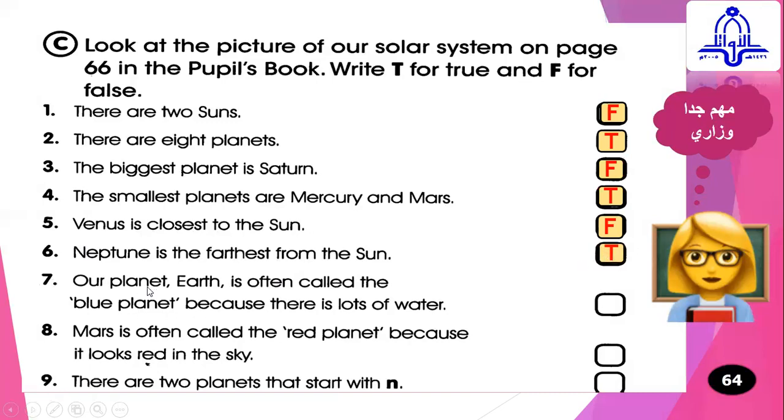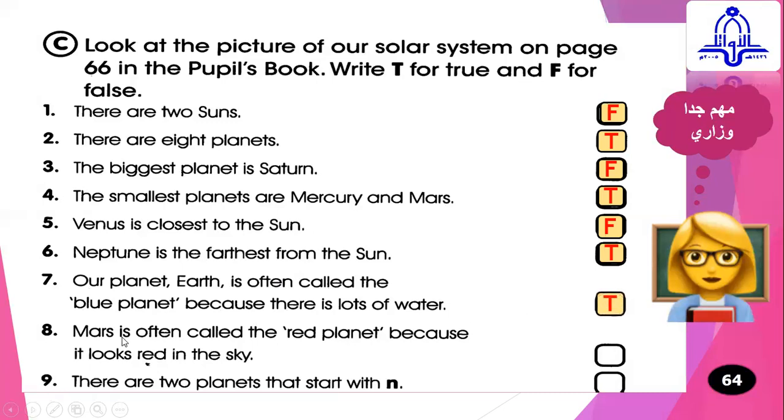Number 7, our planet Earth is often called the blue planet because there is lots of water. كوكبنا الأرض عادة يطلق عليه بالكوكب الأزرق, blue planet because لأن there is lots of water يوجد كثير من الماء, and this statement is correct.